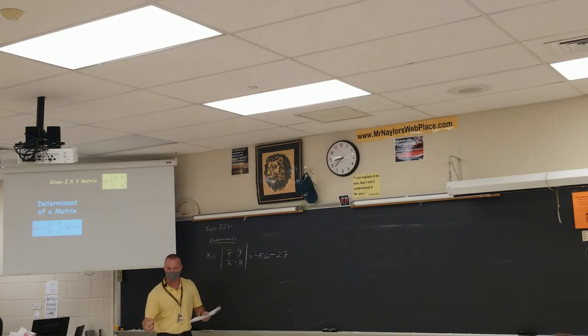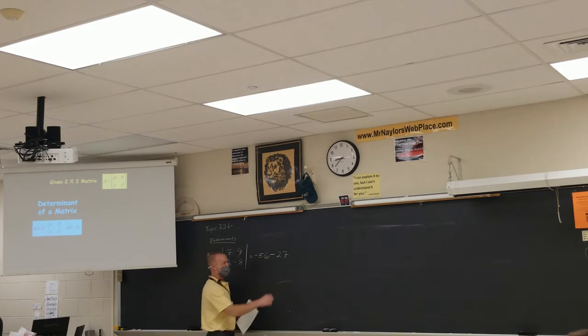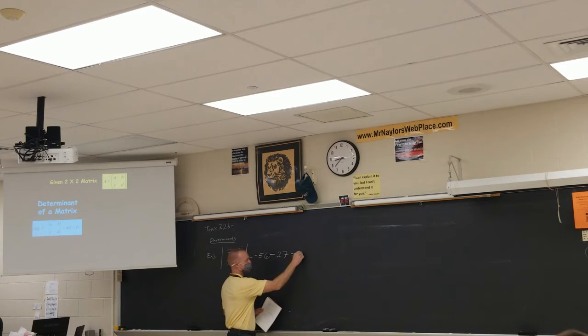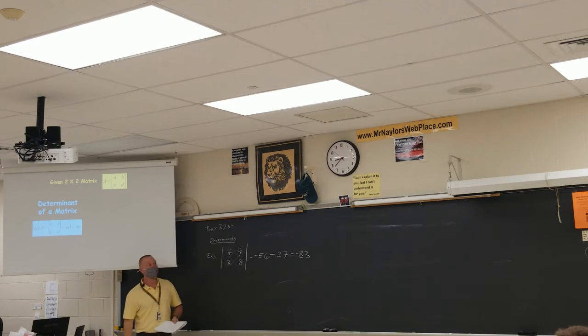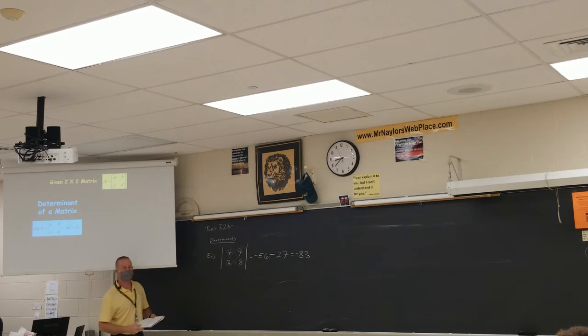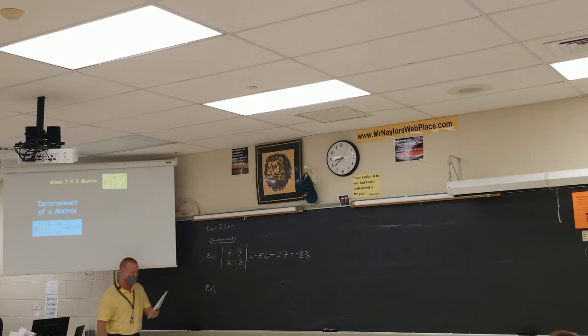It's just the way it is. We didn't really talk about so much why. And you get negative 83. That number probably doesn't mean much to you right now. That's okay. It doesn't need to mean too much, except that that is the determinant of those 4 numbers. Don't worry, it will mean something soon. Right now, we're just trying to work it out.